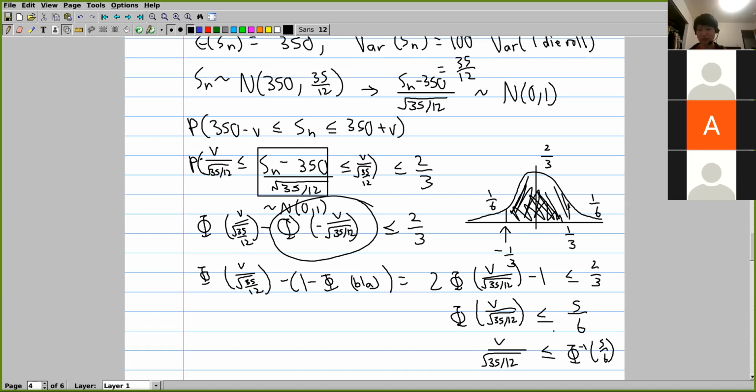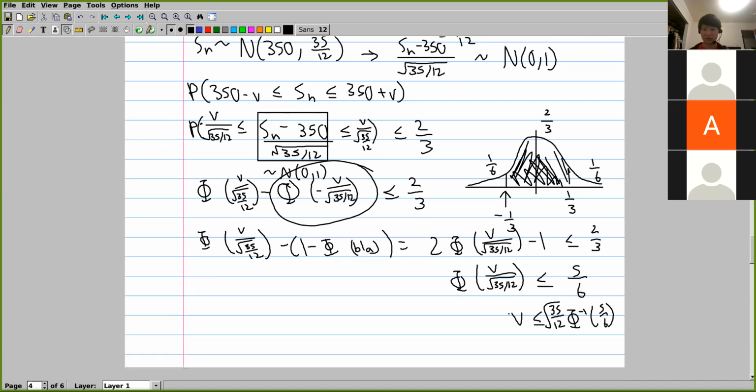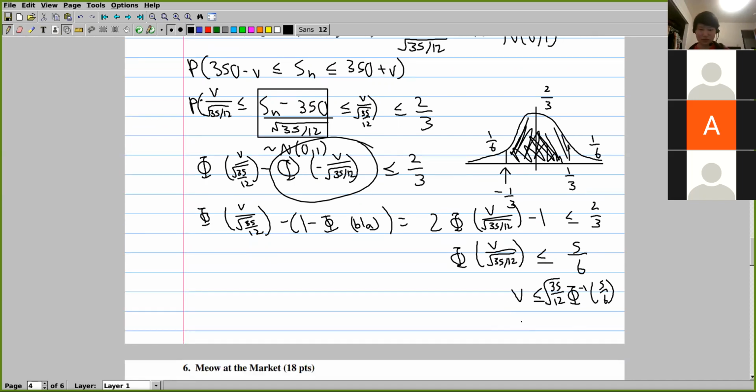And then finally we can multiply to the other side, and we get that V is less than this thing. If you're curious about the numerical answer, I believe it is 51.8-ish.